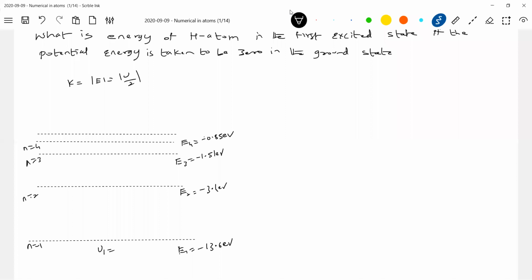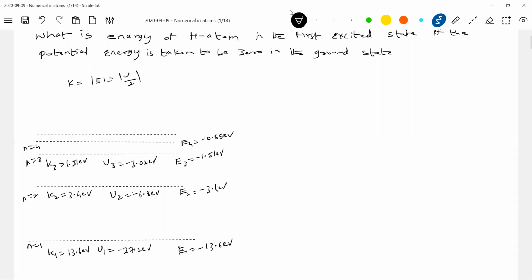So therefore this U1 should be equal to minus 6.8. U3 is equal to... K3 will be 1.51 electron volt.